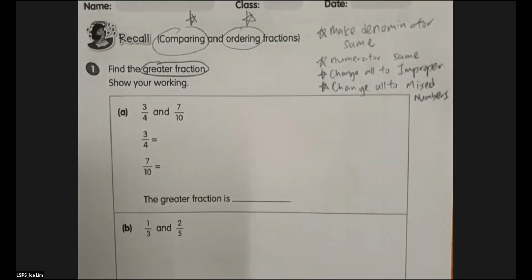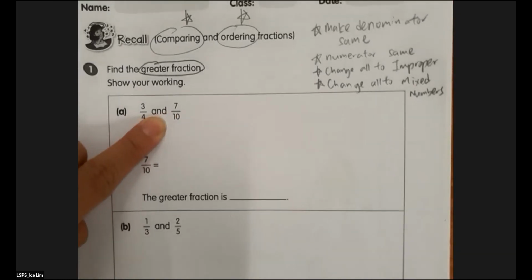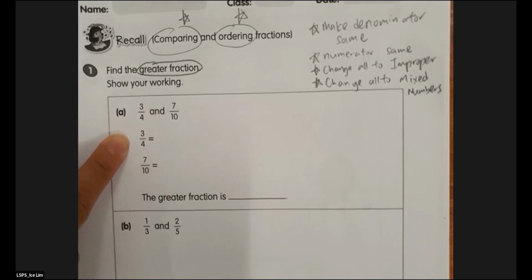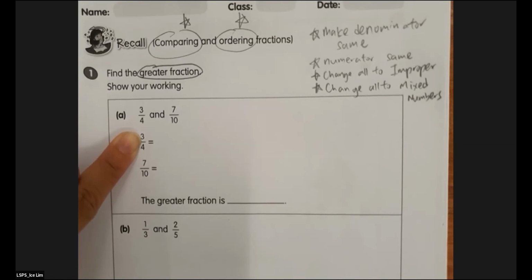Can you tell me, among these fractions, yesterday I mentioned this word. What kind of fractions are these? Are they like fractions? No. Why are they not like fractions? The denominator is different. Okay, so are they improper fractions?